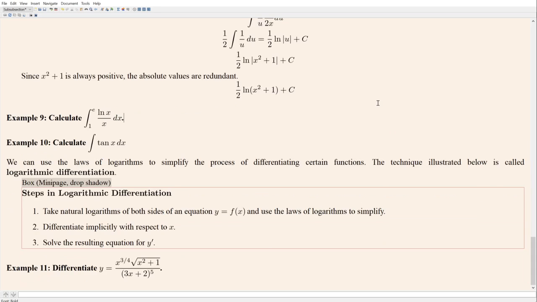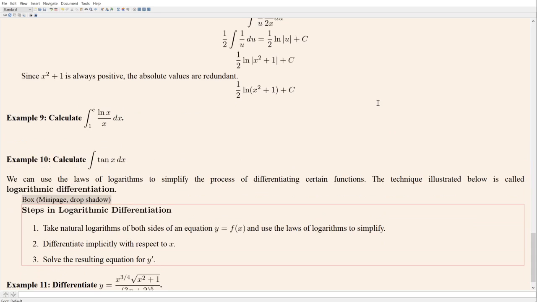Okay. What's going on here? Well, again, pretty much the only technique we have under our belt for doing weird integrals is substitution. And we should let the weirdest or most complicated chunk be our u. In this case, the most complicated chunk is the natural log here. So let's go ahead and let that be our u.